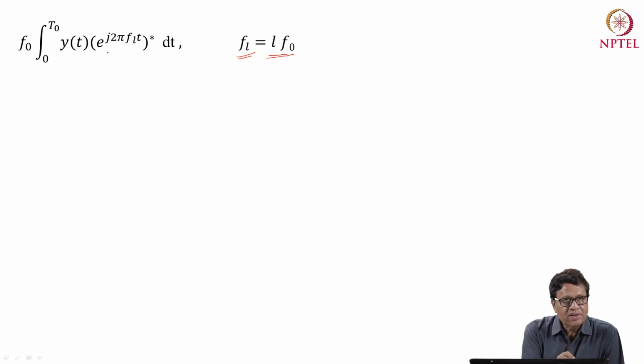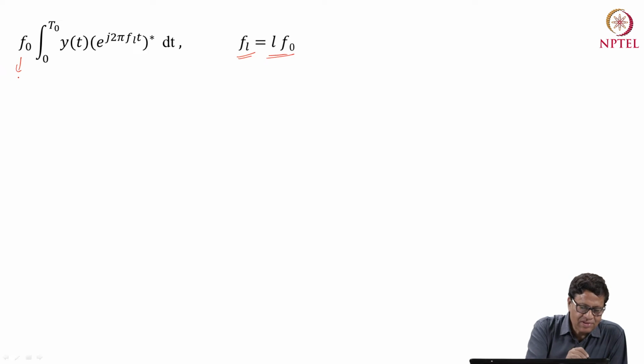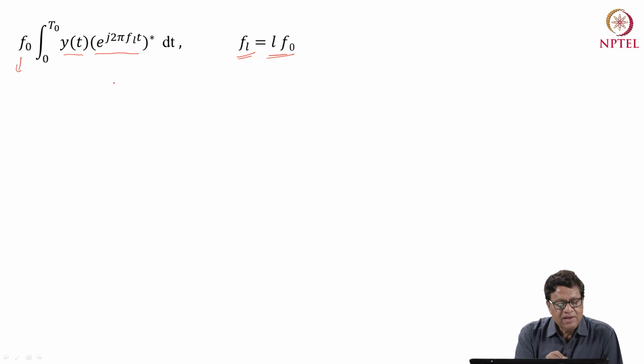Let us see what this operation does. So I have taken the fundamental frequency f naught, and y(t) is the received signal, and I multiply this by the conjugate of e raised to j 2 pi fl t, and y(t) has a signal corresponding to the lth subcarrier.